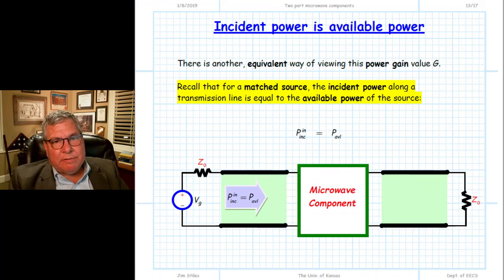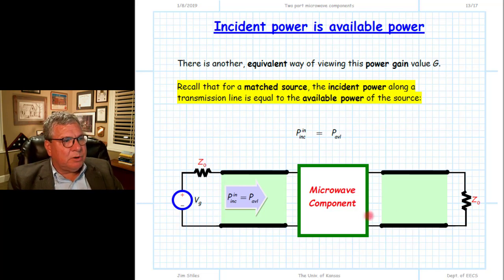Now let's explore a different way of defining or describing our gain. What we're going to do here is take our matched source and put a length of transmission line, characteristic impedance Z0, between our matched source and the microwave component. Likewise, we're going to take the same characteristic impedance transmission line Z0 and insert a length between the matched microwave component and the matched load.